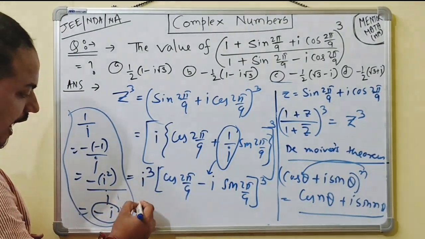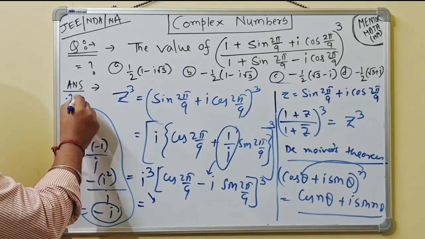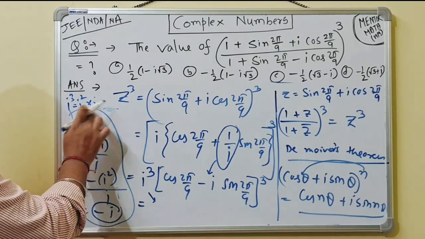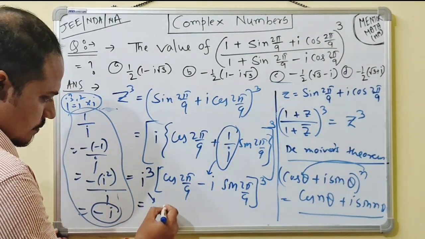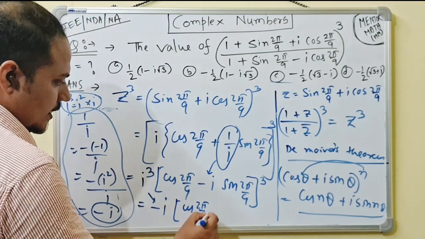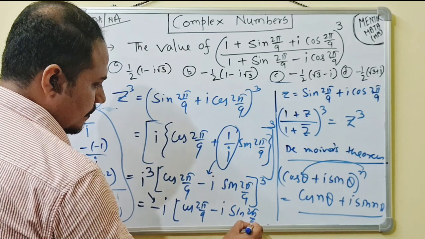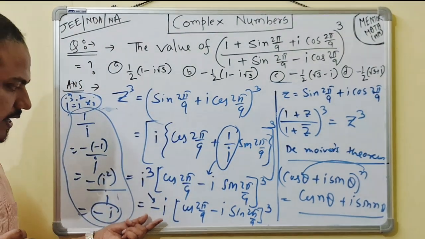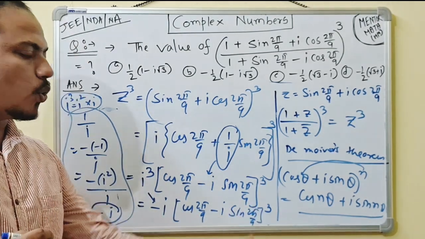Okay, so now again i cube: you know that i cube means i square into i, and the i square value is minus 1, so minus 1 into i means minus i. So this i cube gives minus i, then (cos 2π/9 minus i sin 2π/9), then whole cube.